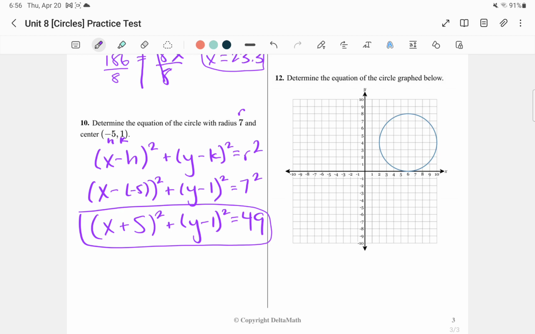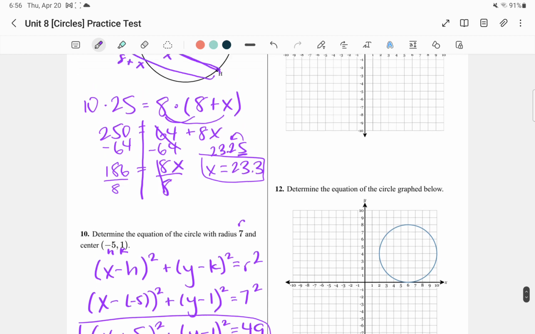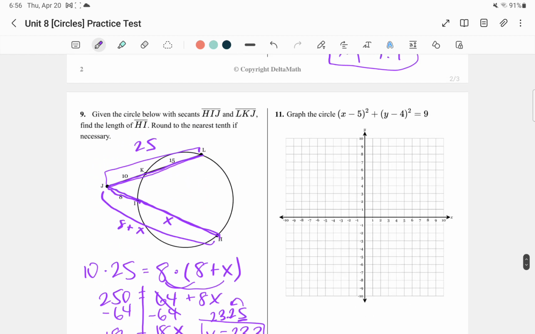All right, so for number 11, we're actually going to graph this one. If you want to write your standard equation, you know this is on the computer, but you can always write it down on a piece of paper. So I'm just going to write it above it: x minus h squared plus y minus k squared equals r squared. It helps me know what my center and my radius are.